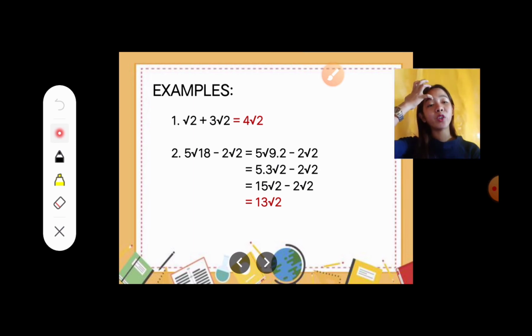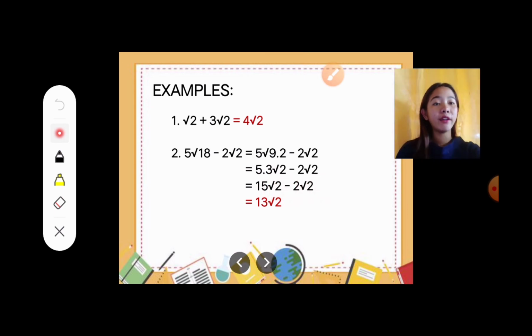Let's simplify and combine like terms. So we have 5, the square root of 9 is 3, so we have 5 times 3 square root of 2 minus, just copy, 2 square root of 2. Next, 5 times 3 is equal to 15, then just copy the square root of 2 minus 2 square root of 2.